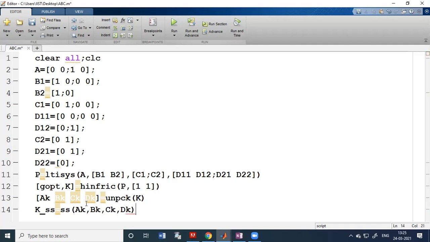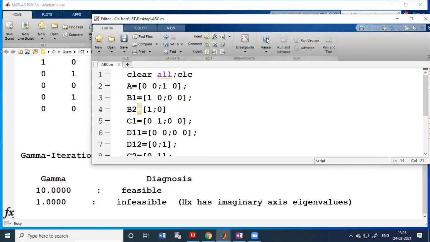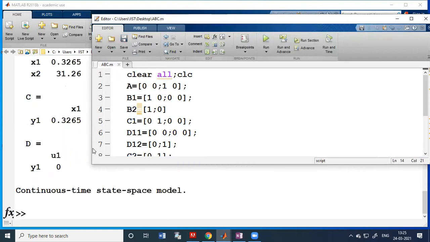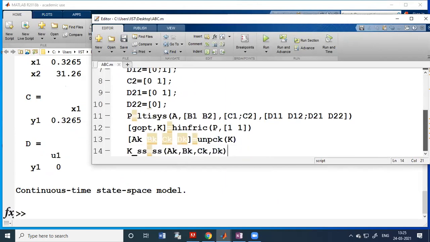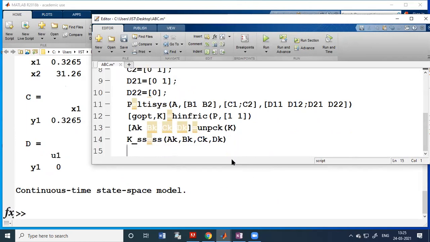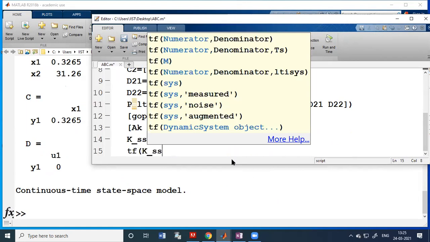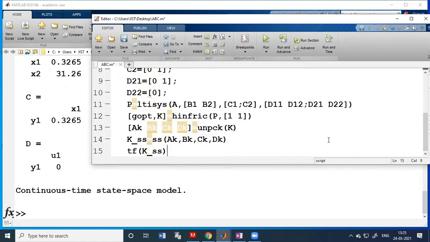What is happening now? We are converting that into its state space form. So you see x dot equal to Ax plus Bu form. Since we have the ABCD matrices, you can convert it directly into the corresponding transfer function form: transfer function of K_SS. Let us see what is happening.